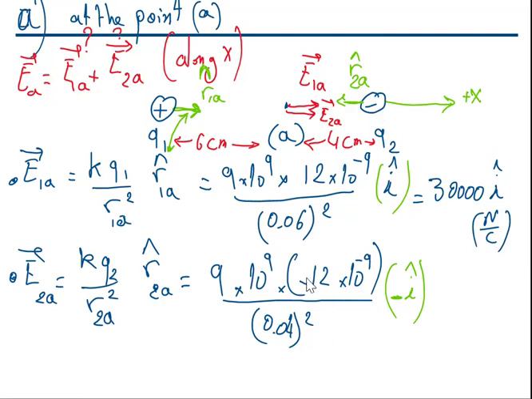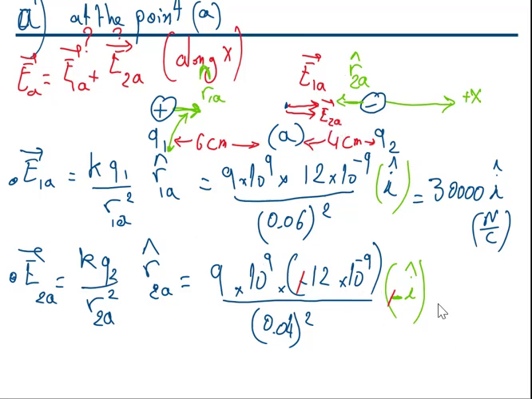So here you see that we have a negative sign. They will cancel each other because we have multiplication. So the electric field at the point A produced by the point charge 2 should be pointing in the positive direction, as we see in this figure.